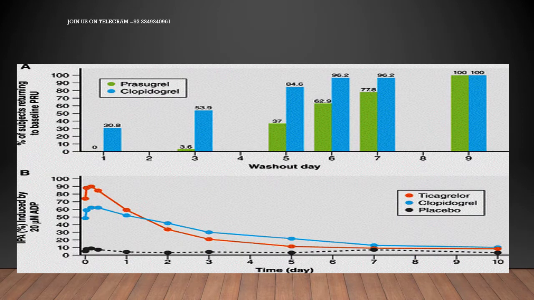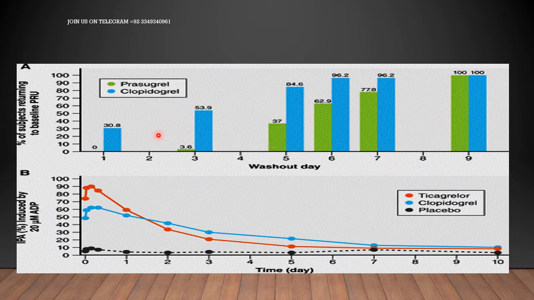And this is the opposite of the antiplatelet effects of oral P2Y12 receptor inhibitors. Here we can see the cumulative proportion of patients returning to baseline reactivity after thienopyridine discontinuation, and this has been taken from the RECOVERY trial. Baseline platelet reactivity was defined as within 60 P2Y12 reaction units of the reactivity measured before study drug exposure.